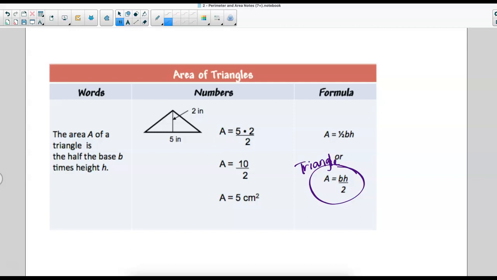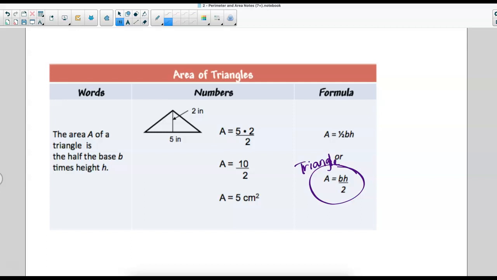This is a triangle, right? How many of those triangles does it take to make a rectangle? 2 of them.